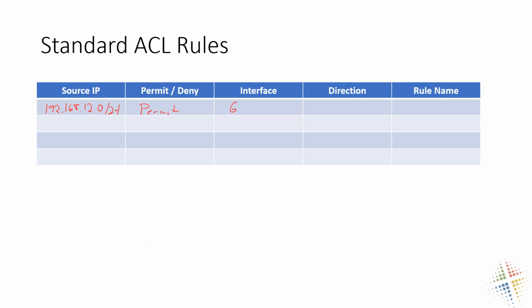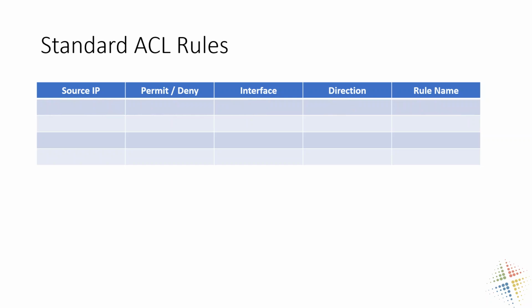Well, maybe I want interface G0/0, direction outbound. And then what rule shall we call this? Protect servers. And that's the more simplified access list. So we only have to worry about who is initiating the conversation.